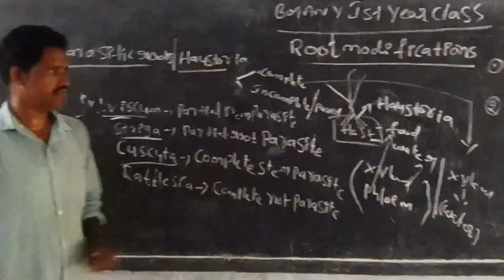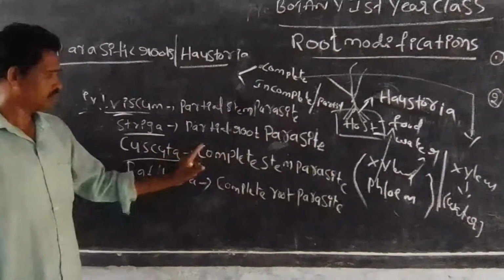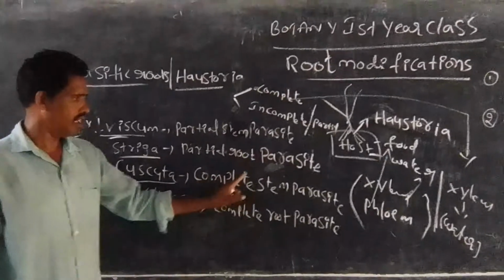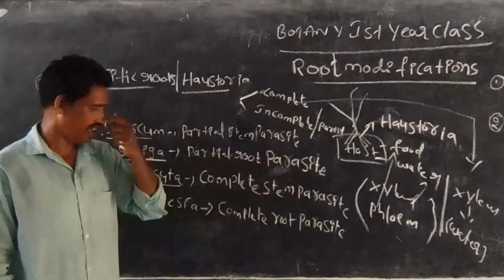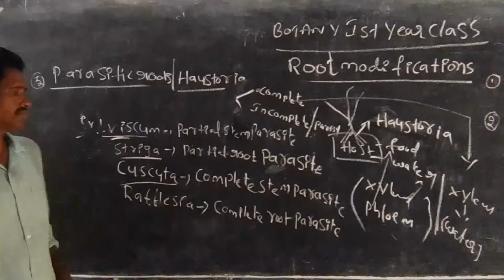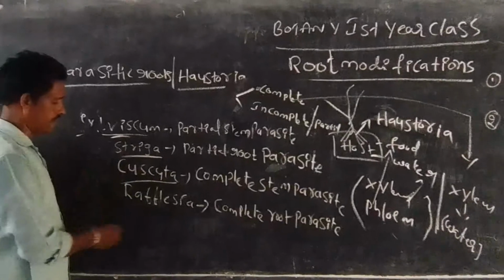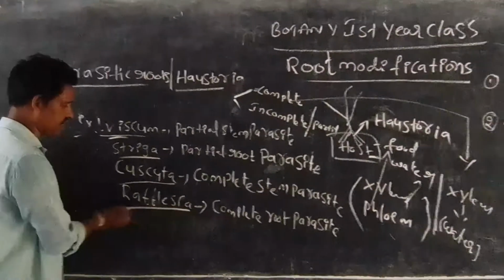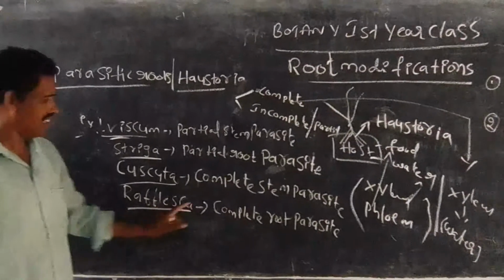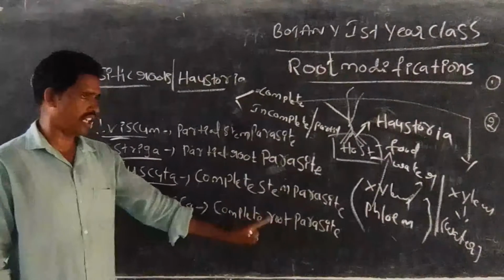Cuscuta provides Haustoria into xylem as well as phloem. Next, Rafflesia, a complete root parasite.